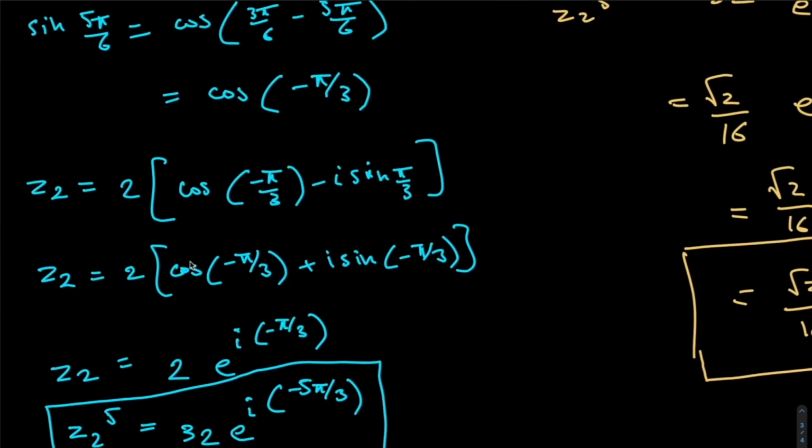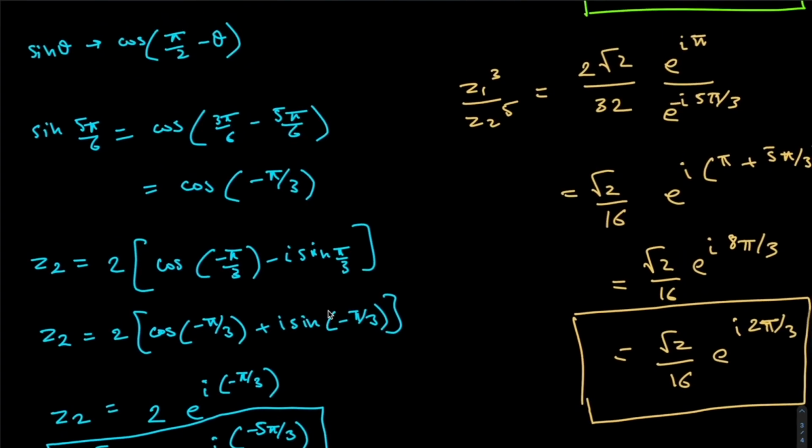It's not an issue. Basically, cosine of minus theta is cosine of theta because it's an even function, right? So this would be cosine pi by 3 minus i sine pi by 3 because the minus sign would come out. So basically, we'd have x minus iy form, which is generally the conjugate, which we usually talk about, right?